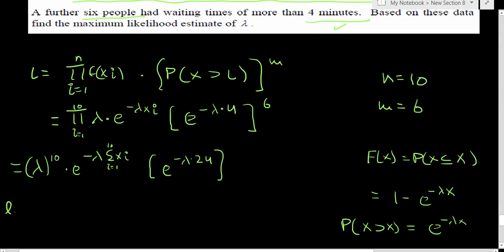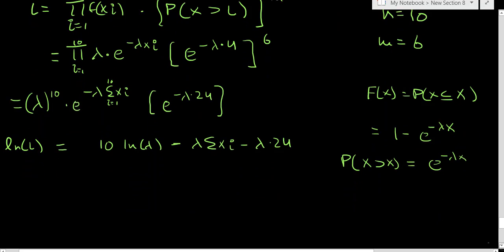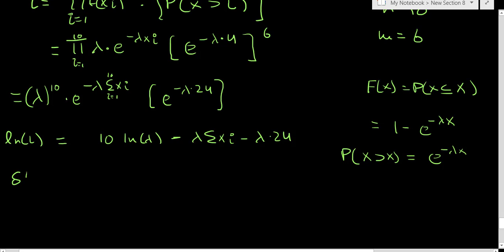Let's take the log of the likelihood function. So ln L would be equal to 10 log lambda minus lambda into sigma xi minus lambda into 24. Okay, so this is what I have here. Let's take the derivative. The derivative of log L with respect to lambda is just 10 upon lambda minus sigma xi minus 24.